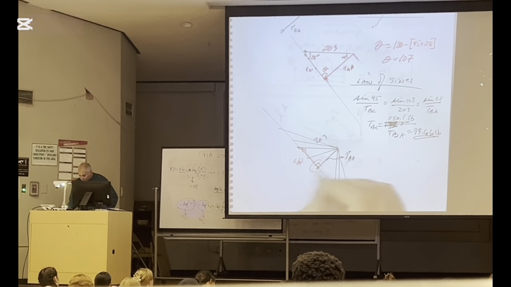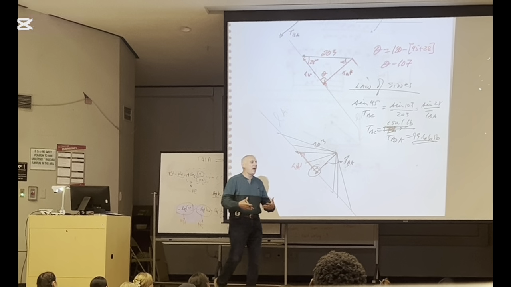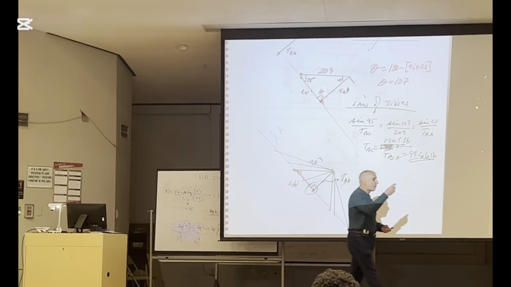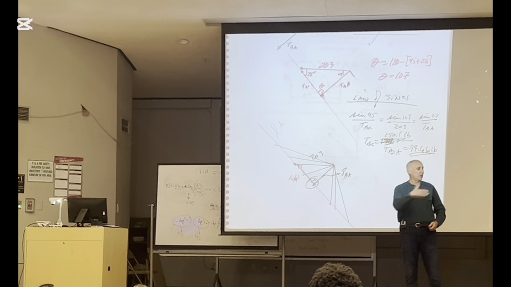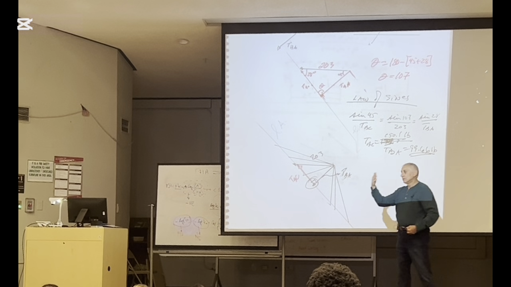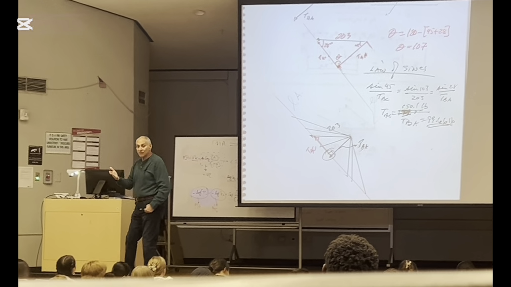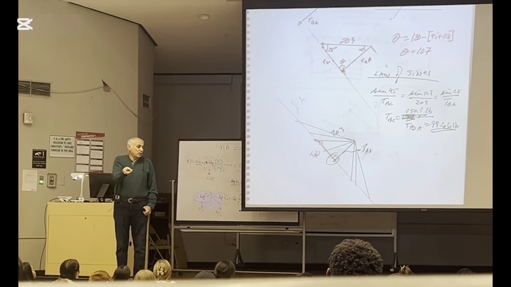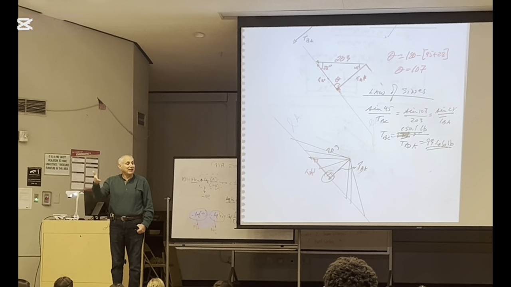And now what do I have? I have a right triangle. What's the first thing you do when you have a right triangle? What's the first thought process you have? SOHCAHTOA. When I don't have a right triangle, what's the first thought you think of? Law of cosines, law of sines. From this point forward, that's what you should be thinking.